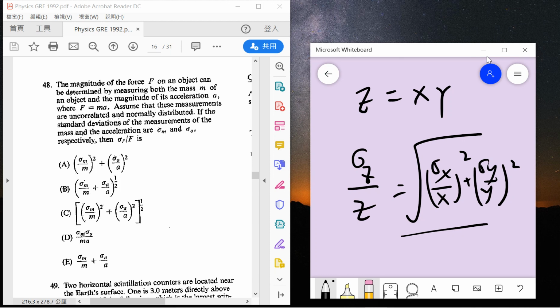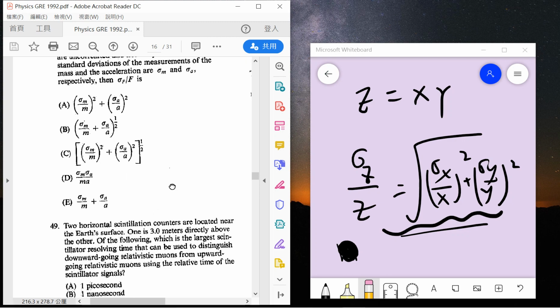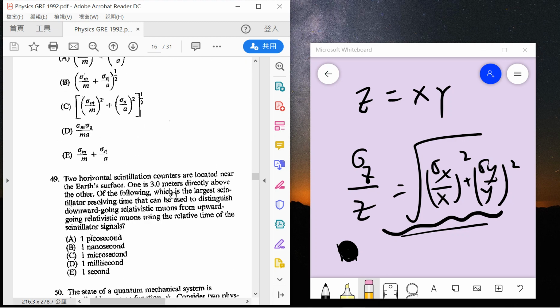But you can prove it if you learn about basic random variables. So there's nothing more I can say, but I will provide a rigorous proof for this in a link below. So the answer is C.